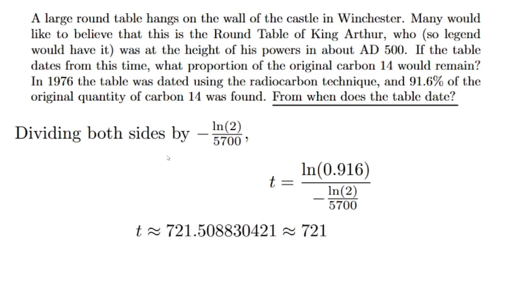And we get the value T is equal to approximately 721.5, which we round down to 721.